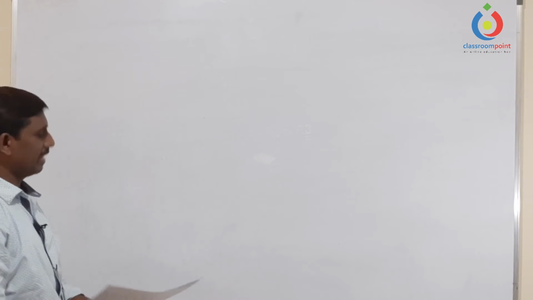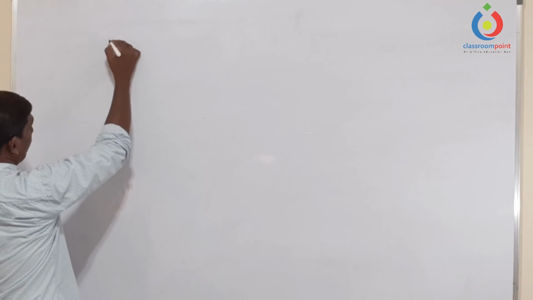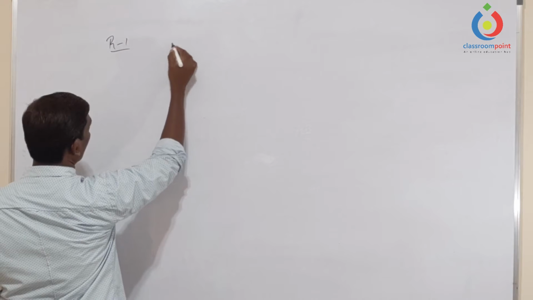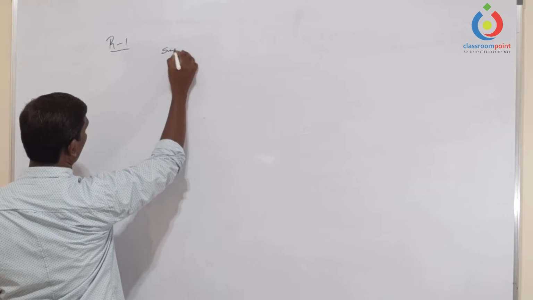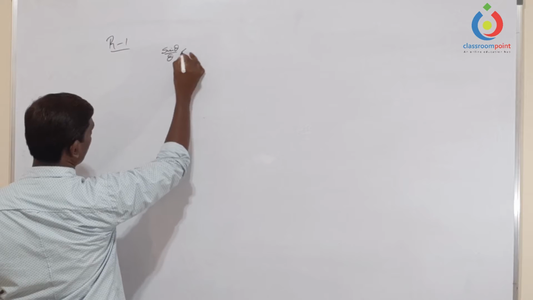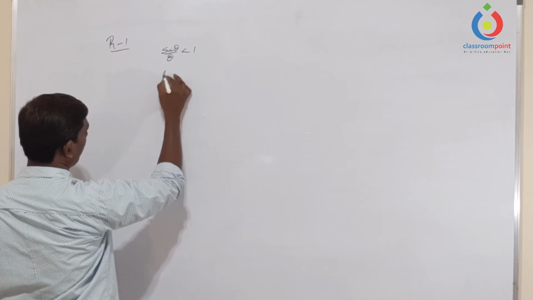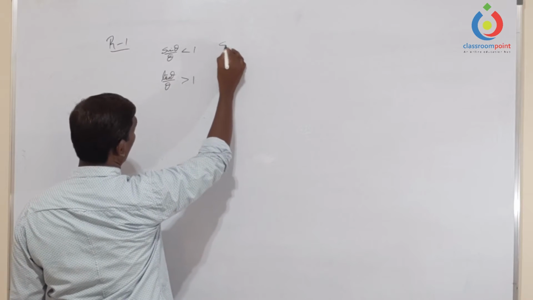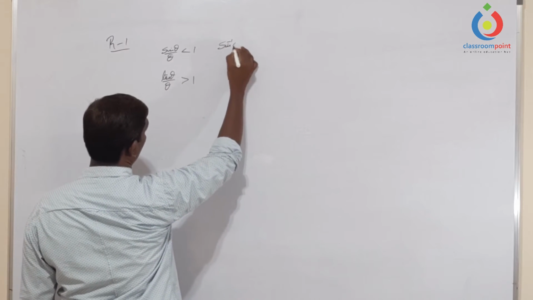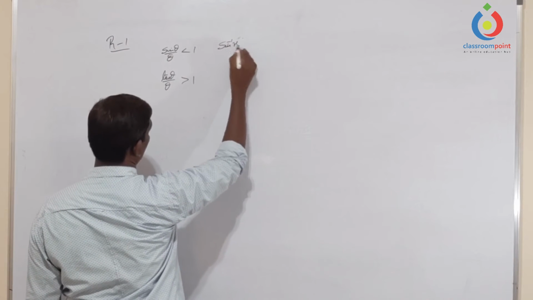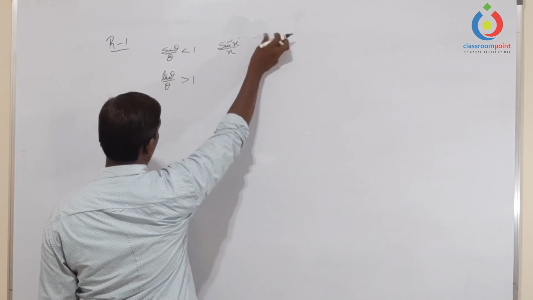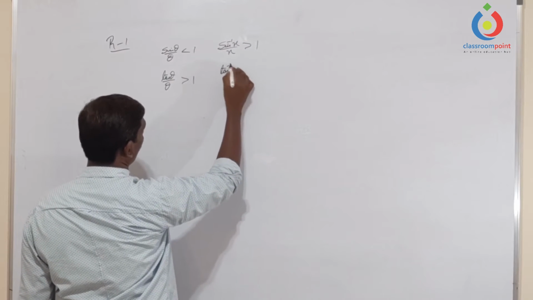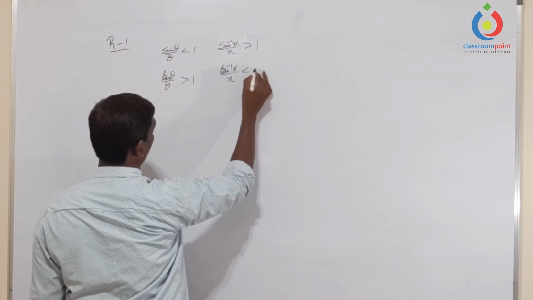Now, first of all, result number 1: sin theta by theta is less than 1, tan theta by theta is greater than 1, and sin inverse of x by x is greater than 1, and tan inverse of x by x is less than 1.